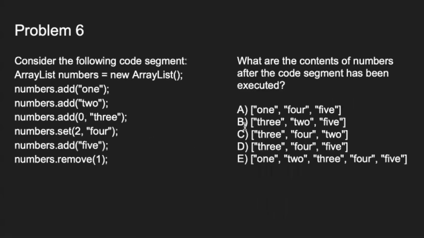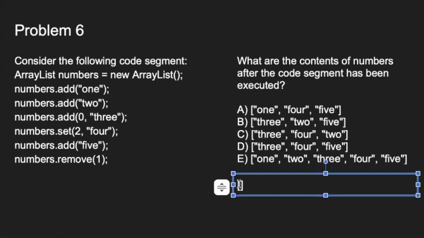Number 6, we have this code segment. What are the contents of numbers after the code segment has been executed? All right, so let's run through it step by step. So first, we add 1. All right, and then we add 2. And then we add at index 0, 3.